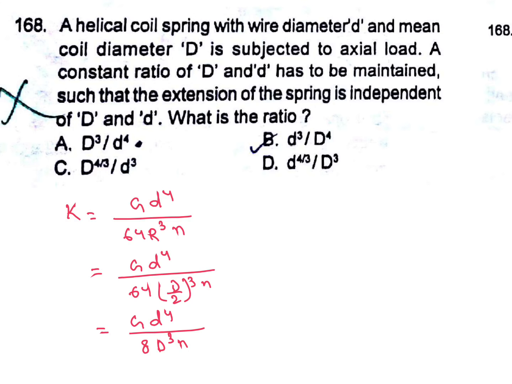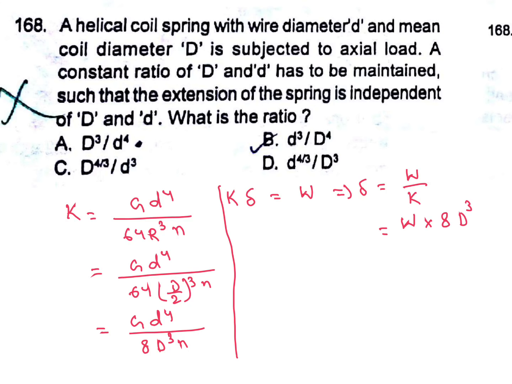Deflection or extension: K into delta is W, the load, so deflection or extension delta is W by K. So put the value of K, you will get W into 8 capital D cube, number of turns, divided by G small d to the power 4.